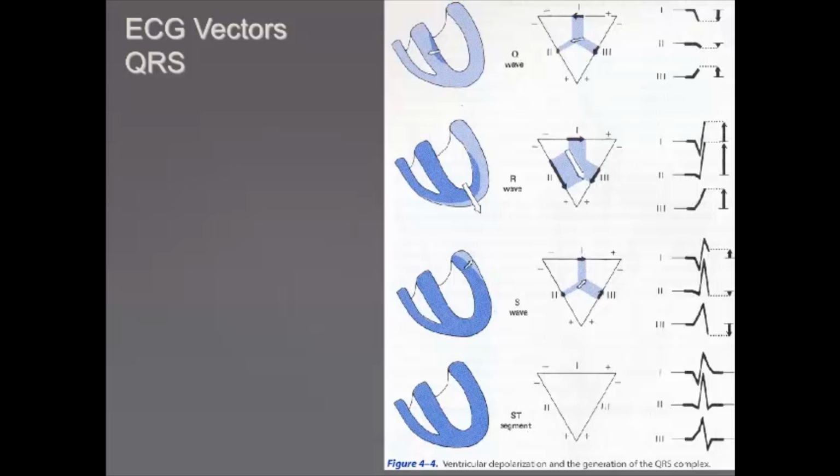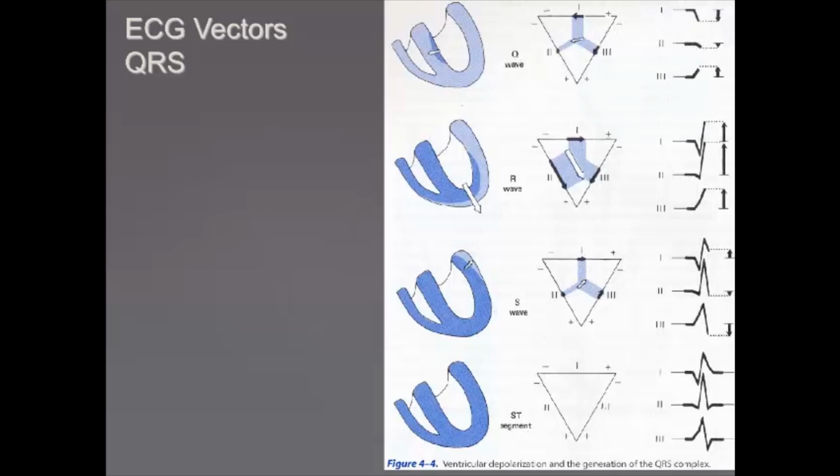And what's happening here is that we actually have the interventricular septum depolarizing. And it's going over to the left, as you can see, for the most part, to the left and down a little bit. But what's actually happening is we're heading more towards the negative lead with this negative charge or the negative wavefront. So what we see in that condition is the downwards deflection.